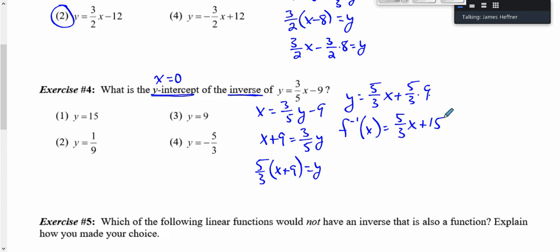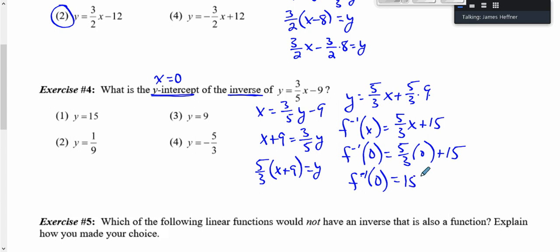I use function notation now, because now to find the y-intercept, what am I putting in for all the x's? Zero. So our f inverse at 0 is 15. Okay?